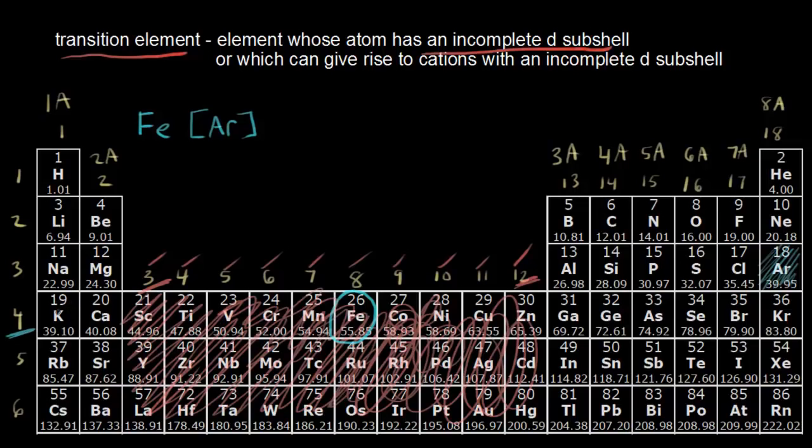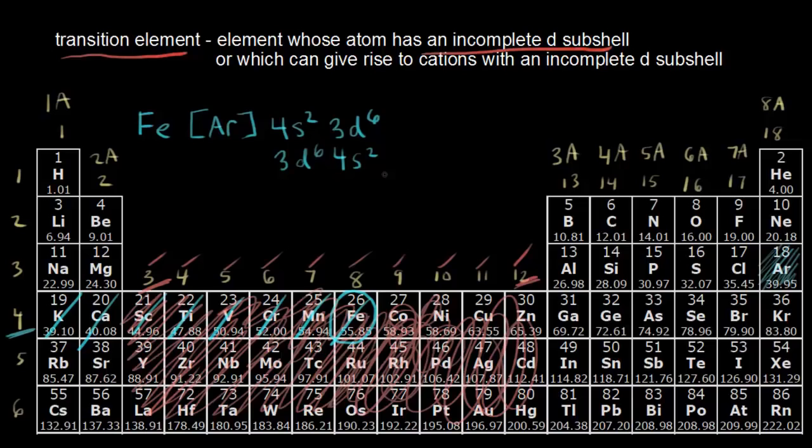Just looking at the periodic table, I can say 4s1, 4s2, so I can write 4s2 here. And then I'm in my d orbital. Again, just looking at the periodic table, I would count 1, 2, 3, 4, 5, 6 electrons, so that would be 3d6. I could have written this as 3d6 4s2, and right now both are considered to be correct answers.